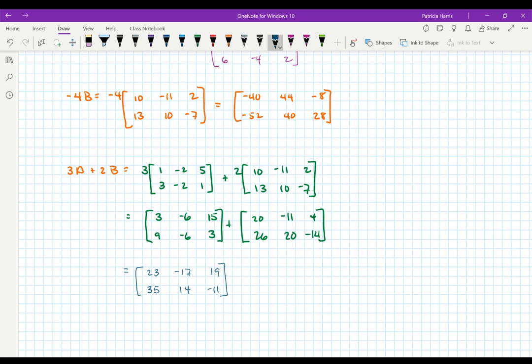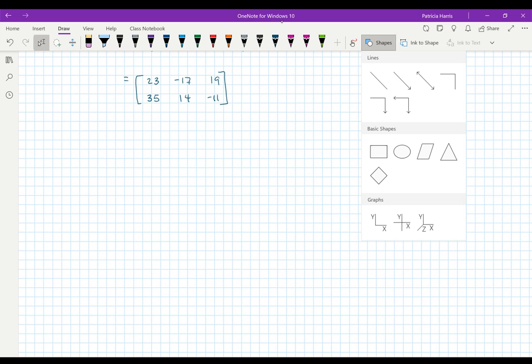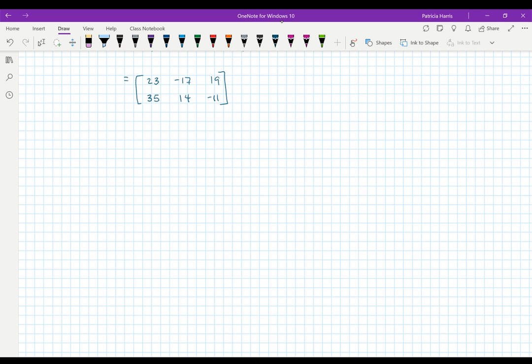Okay? Now, the question is what do we use this for? Okay? So let's think about geometry for a sec. So what I'm going to do is I am going to draw a shape on a coordinate plane.